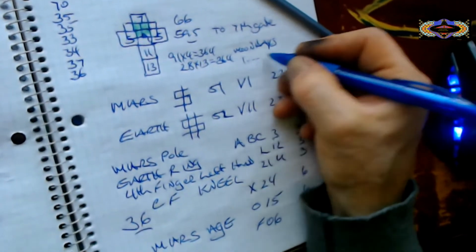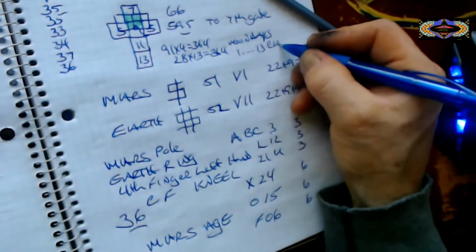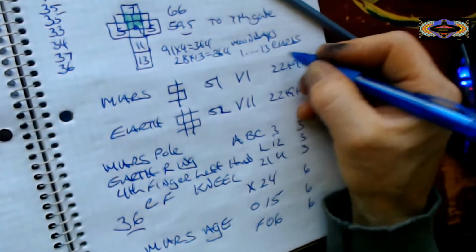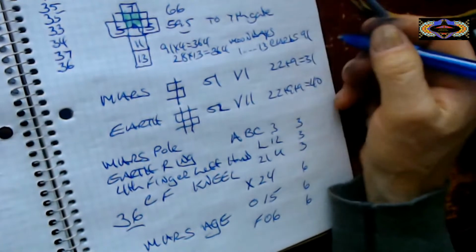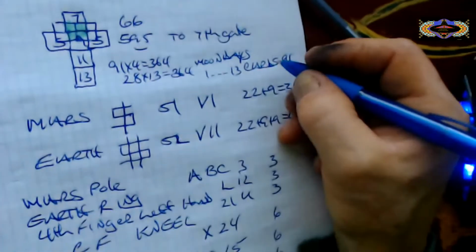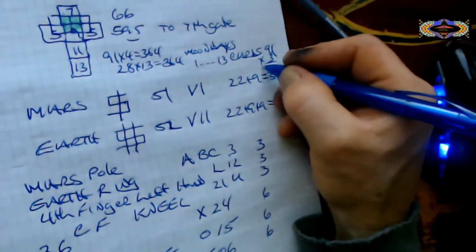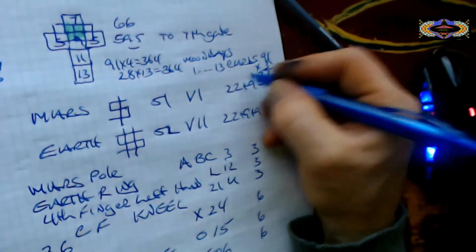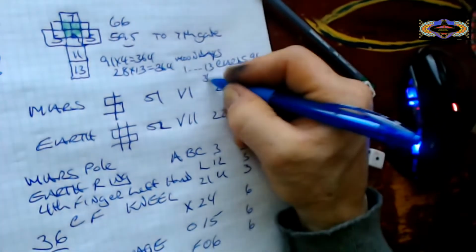There is 1 through 13 cards in the deck. When you add them all together, it equals 91. Times 3 equals 273, plus 91 equals 364.